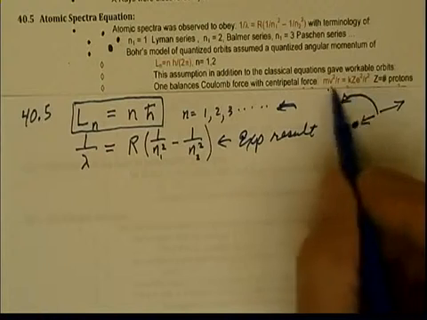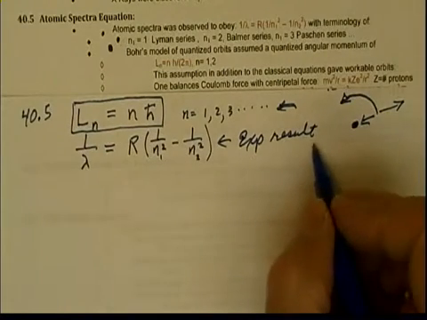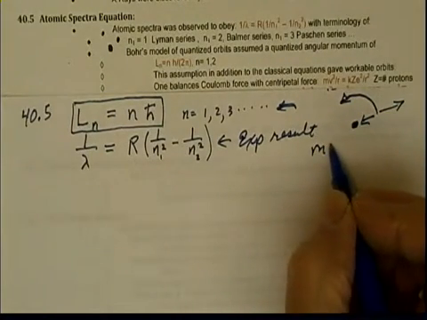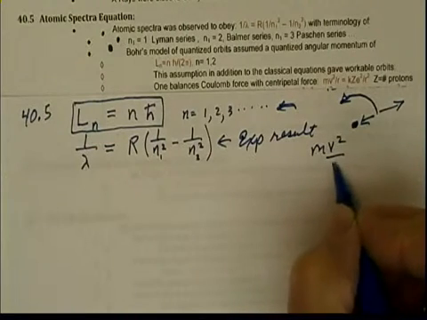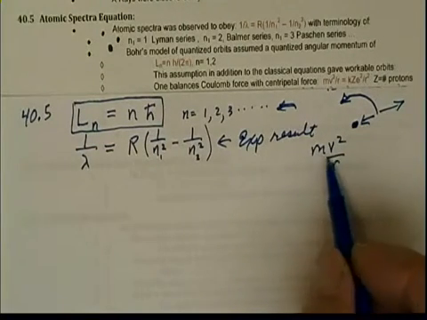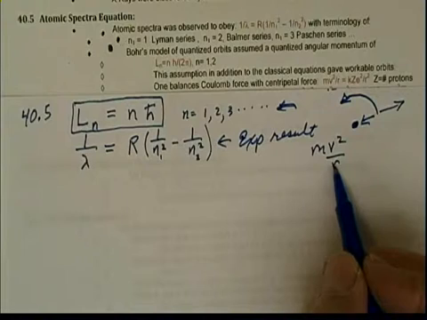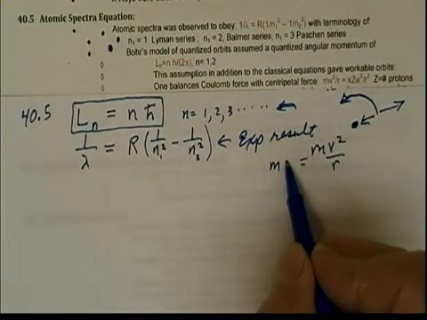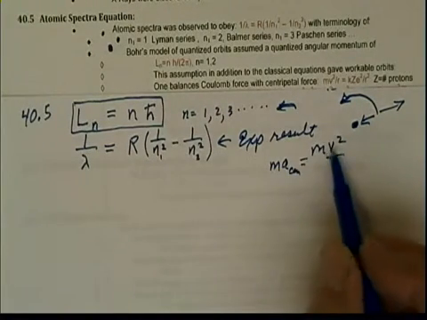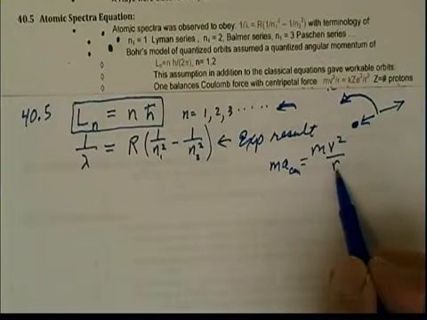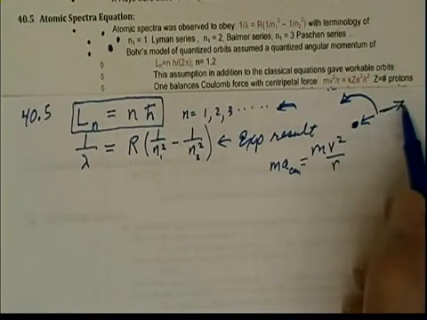So we can say that mass times the centripetal acceleration, which is v squared over r, you recall we had that from the last chapter, is mv squared over r. That's the force pushing outward.